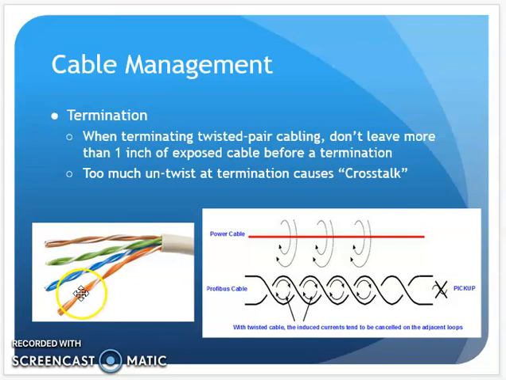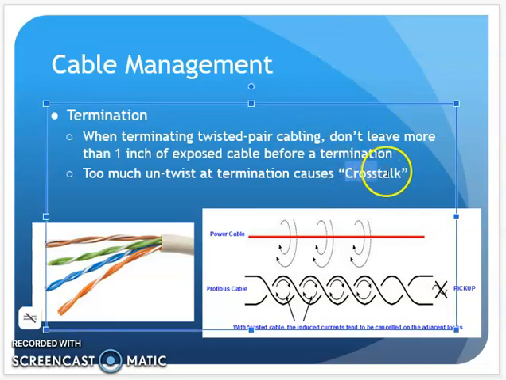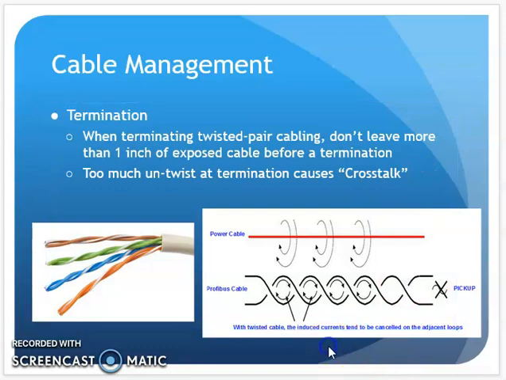The interference affecting the orange wire and the interference affecting the white-orange, those two twisted together, tend to cancel each other. So if I untwist it too much to terminate, I open up the possibility for what's called crosstalk, or basically noise being injected into my data cabling. So when I'm terminating, I need to minimize the amount that I untwist this.